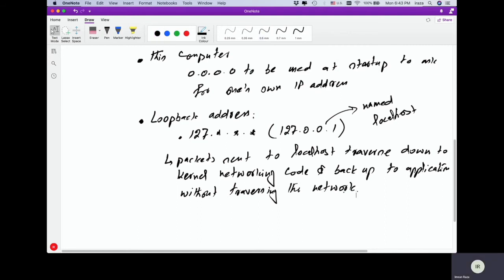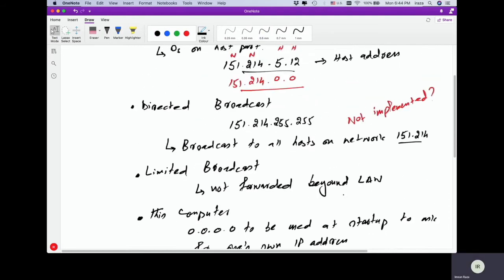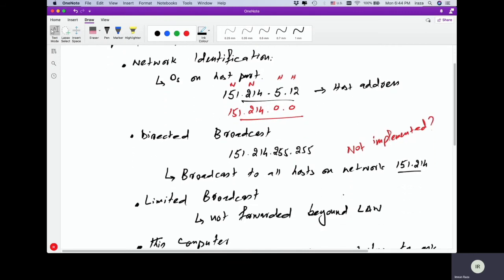Okay, so these are some of the special IP version 4 addresses that we have reserved or used for different purposes.